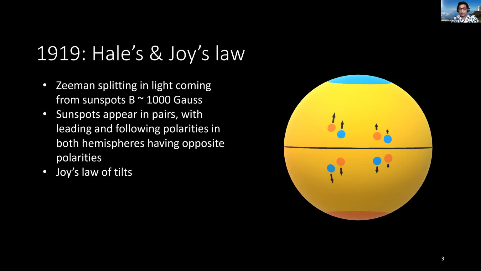These bipolar magnetic regions, as we call these pairs of sunspots, appear with a tilt with respect to the east-west direction on the surface of the sun. And that tilt is proportional to the latitude of emergence. So bipolar magnetic regions appearing at higher latitudes tend to have a higher tilt than the regions appearing closer to the equator.